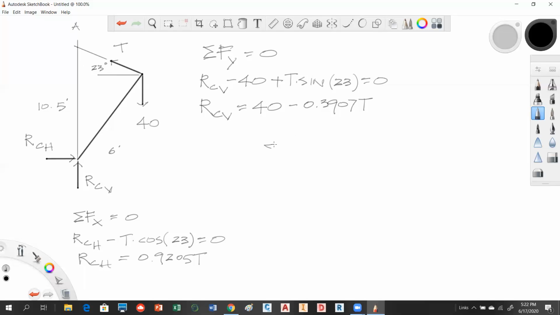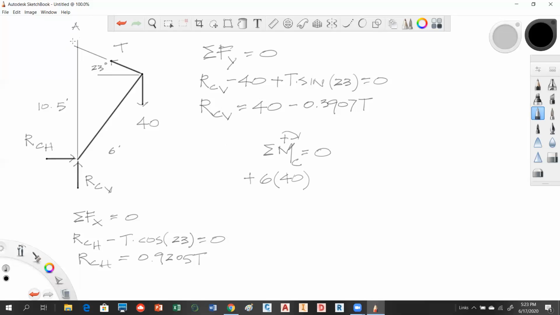So we're going to say summation of moments about any point has to be equal to 0. Clockwise, we're going to do this at C. So we've knocked out RCH and RCV. We should be solving for T essentially. So we look at that. We've got that 40 kip load at the 6 feet. So it's going to be 6 times 40, tending to turn that clockwise.